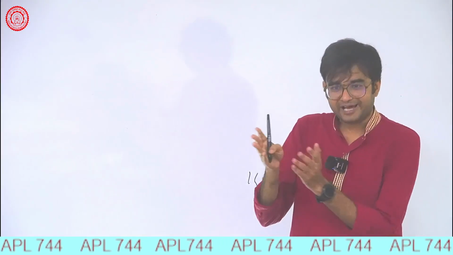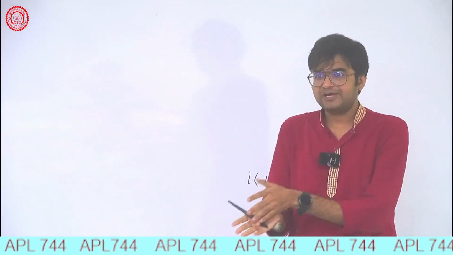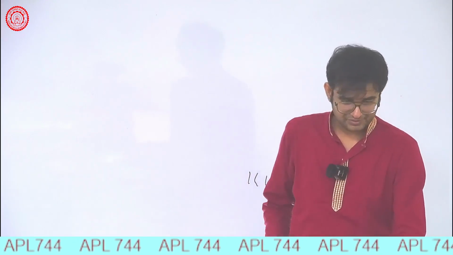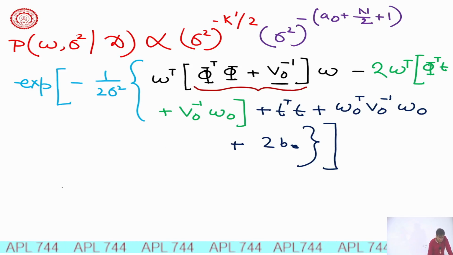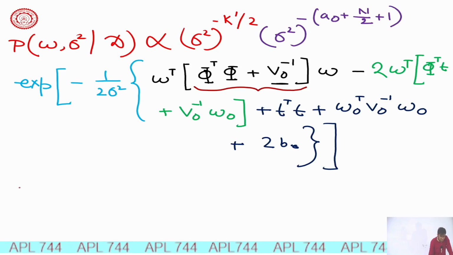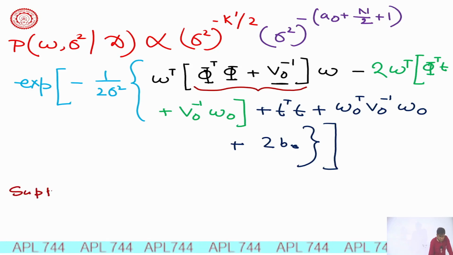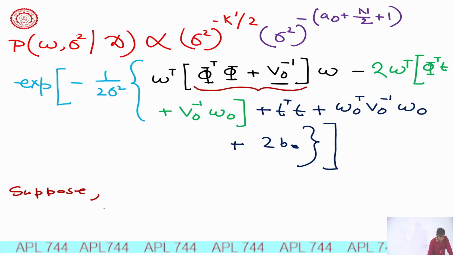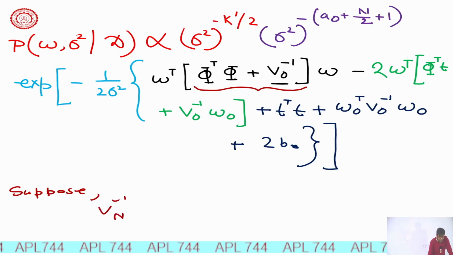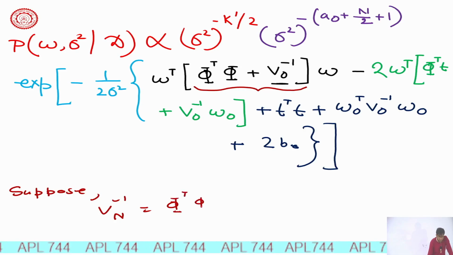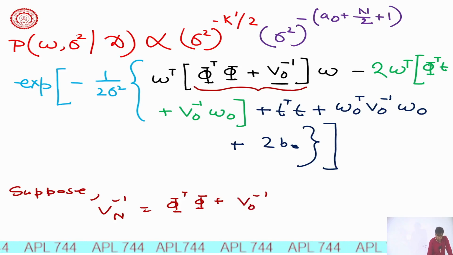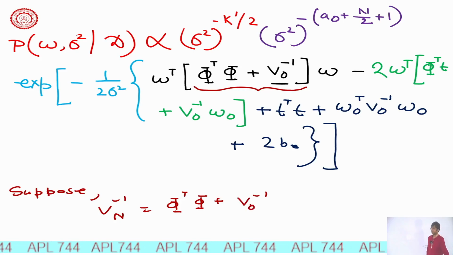So the prior variance should become posterior variance. So this one I will call Vn inverse. So suppose Vn inverse is equal to P transpose phi plus V naught inverse. Clear?